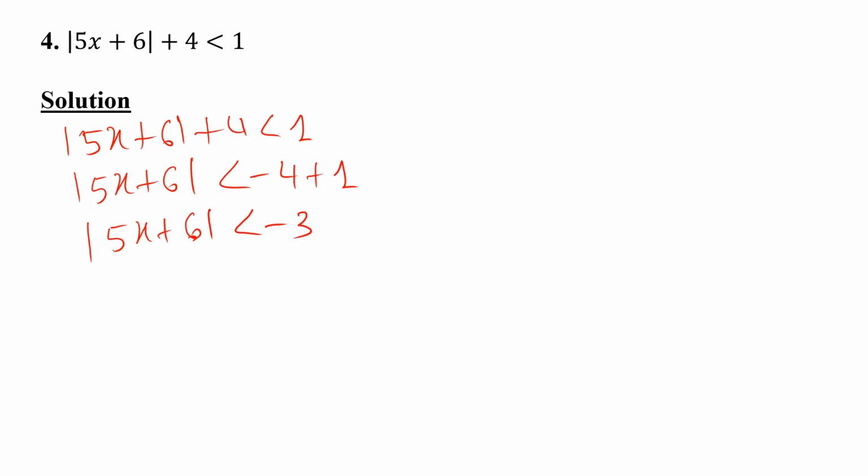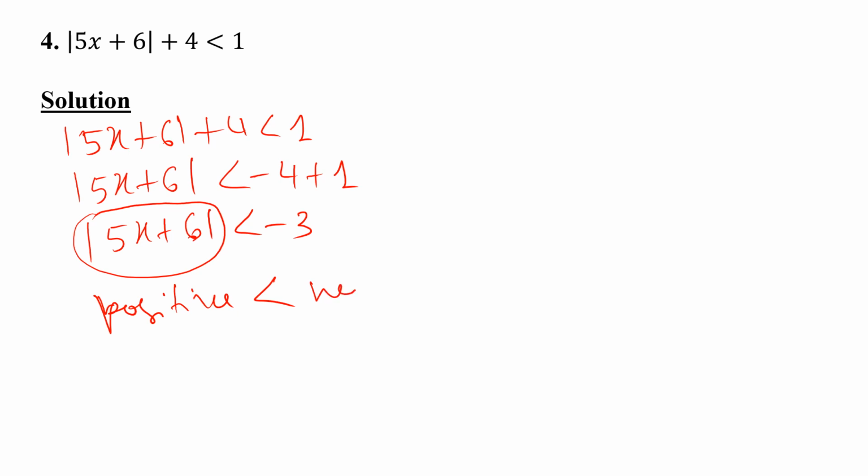Now, we have seen that the absolute value of any number is always positive, which means that if we replace x by any real number here, then this absolute value is positive. Now, this one is always positive, and you have our inequality sign.